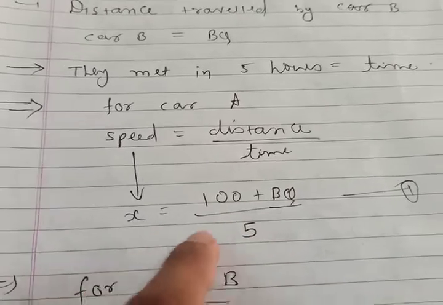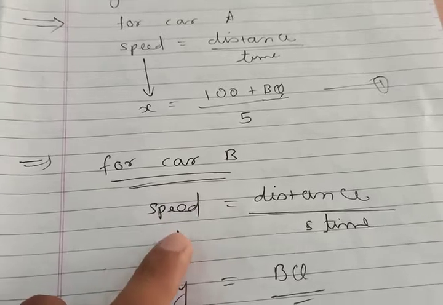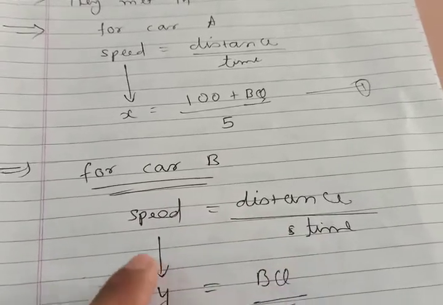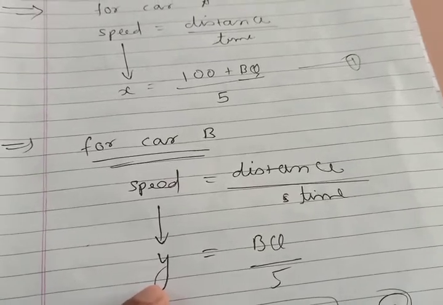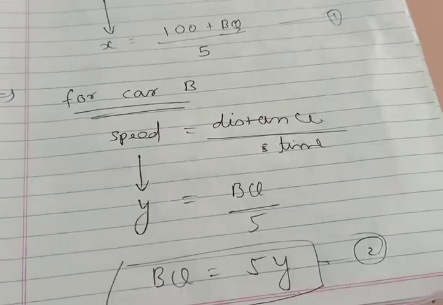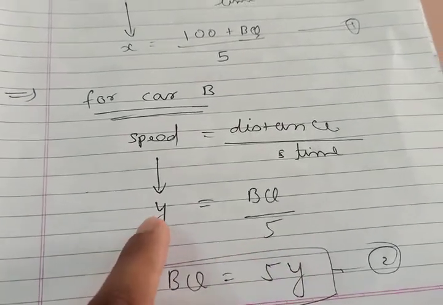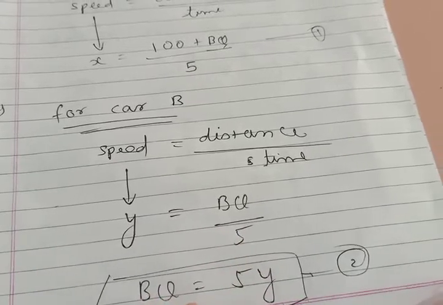Understand? So this gives equation number 1. Now for car B, speed equals distance upon time. The speed of car B, we already supposed y, equals BQ upon 5. Now cross multiply: y into 5, that is 5y equals BQ.